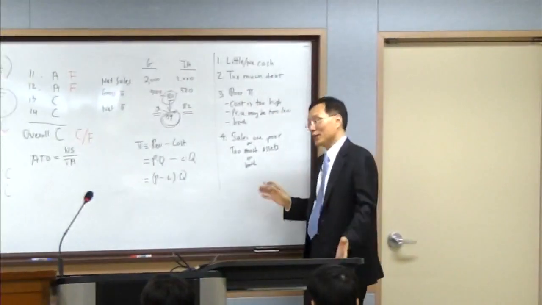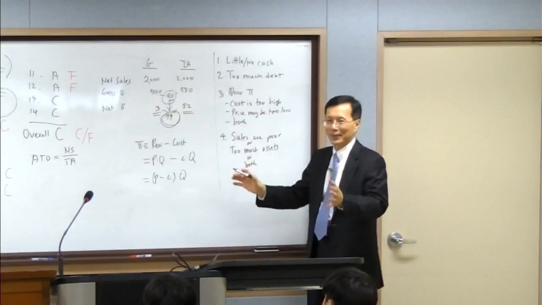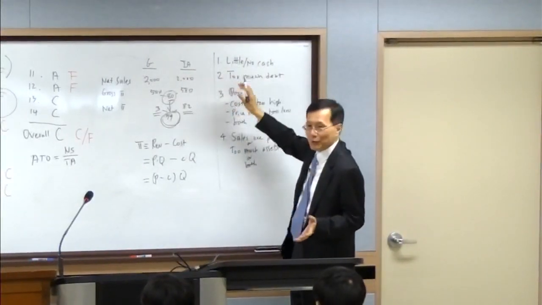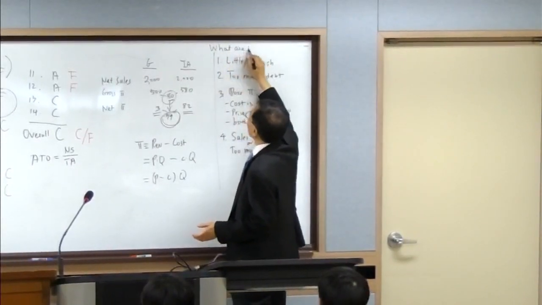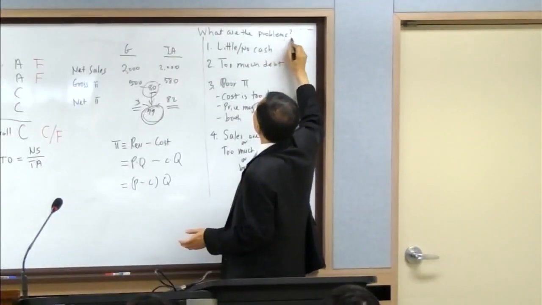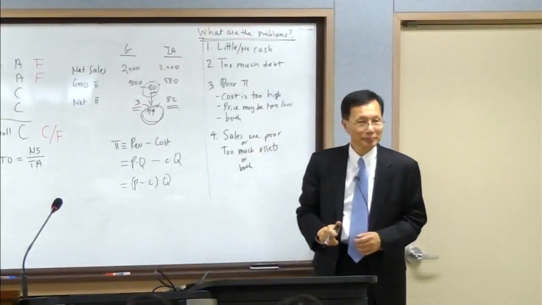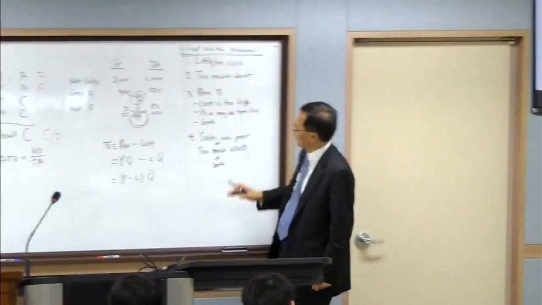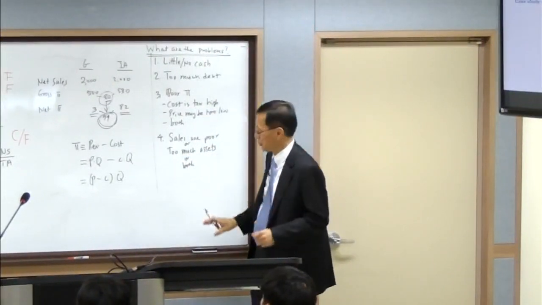And when you're done with your guesses, you can see the company is problematic. This is how you find out what the problems are. You are identifying problems with the company, and you are identifying some of those problems this way.